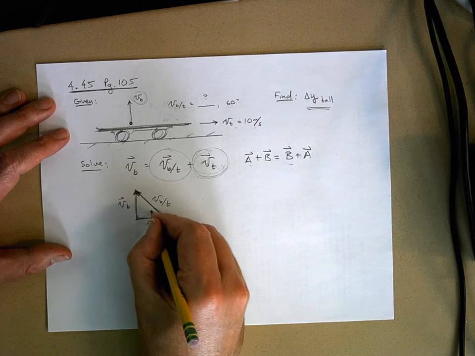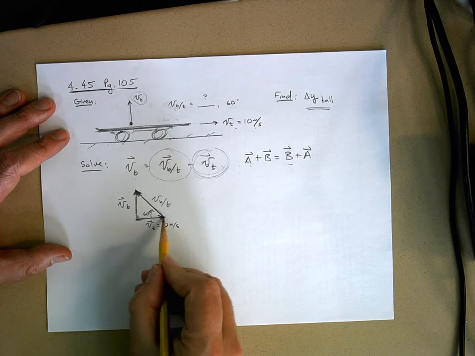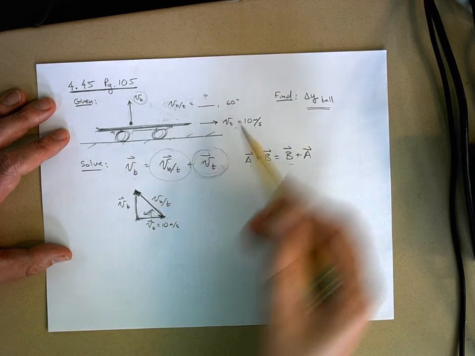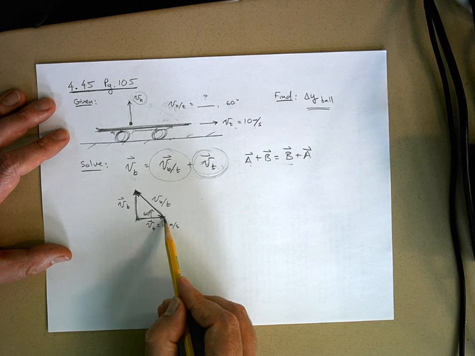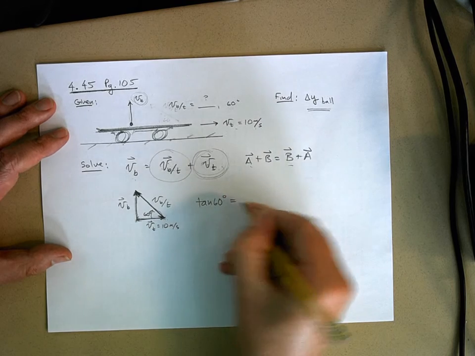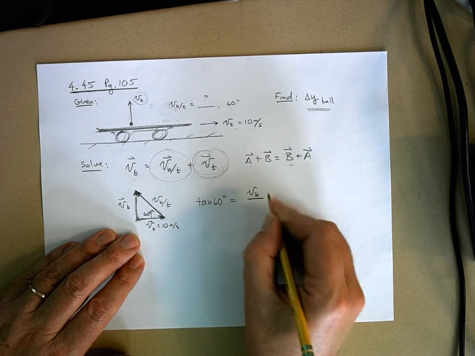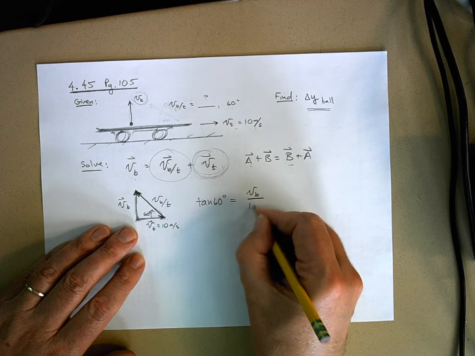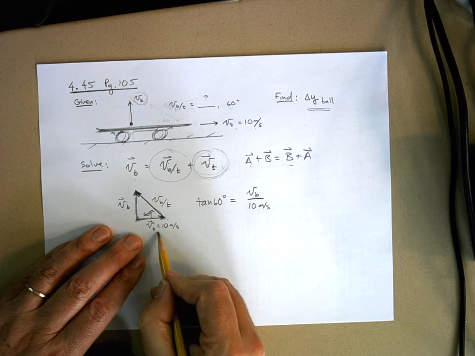But I know that this angle is given to be 60 degrees, and I know that this is 10, so I need to know what this is. If I know one of the legs of a right triangle, I can say that the tangent of 60 degrees is equal to the opposite, which is the velocity of the ball, over the adjacent, 10 meters per second, the velocity of the train.